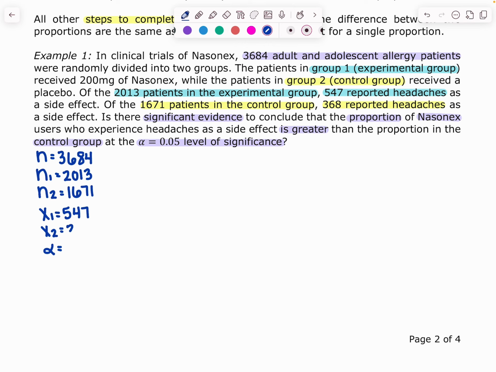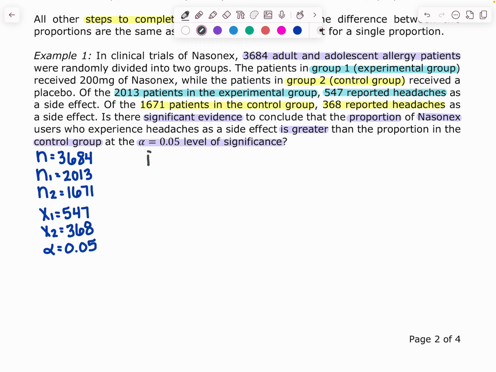X2 is 368. And alpha is 0.05. It's a lot to get through, but I've got it all summarized. I've got everything highlighted that I wanted to highlight.